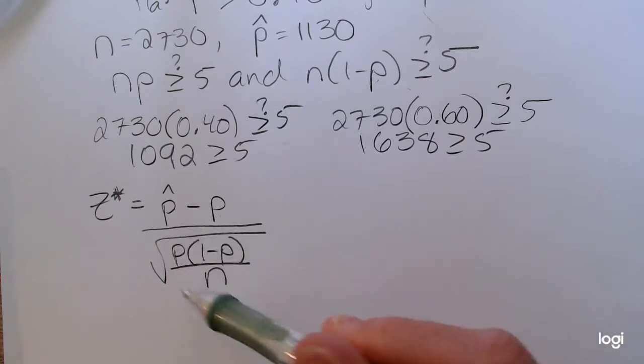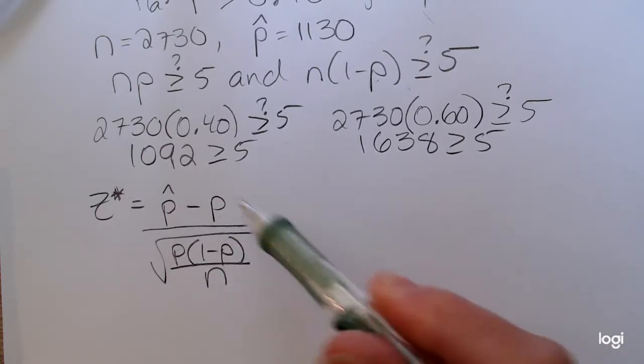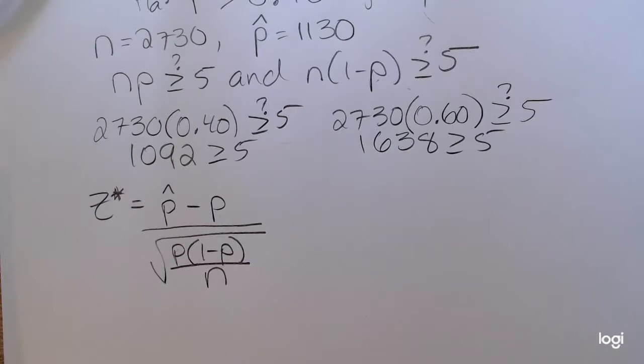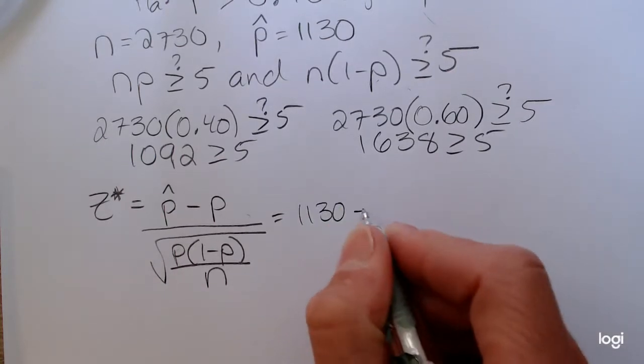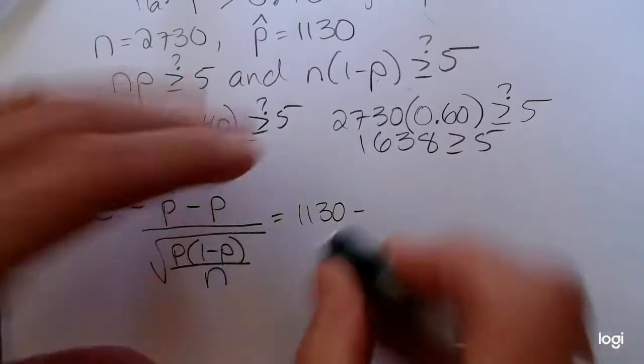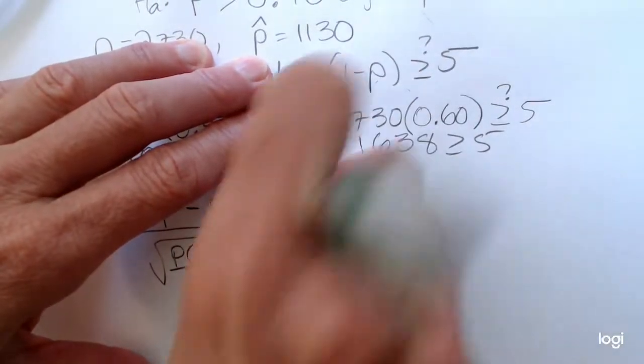So in terms of structure, it's very similar to the hypothesis test for a population mean when sigma is known, but we are using different pieces. Okay, so inputting into the formula, whoops, I made a mistake up here.